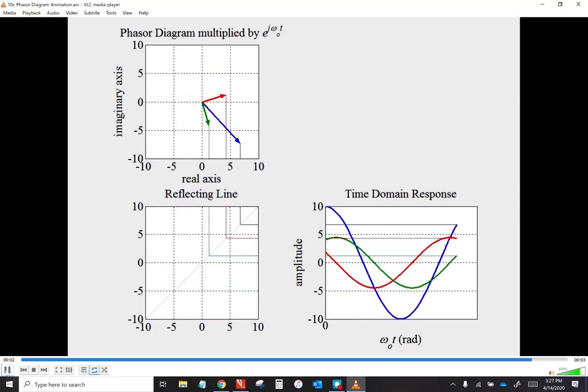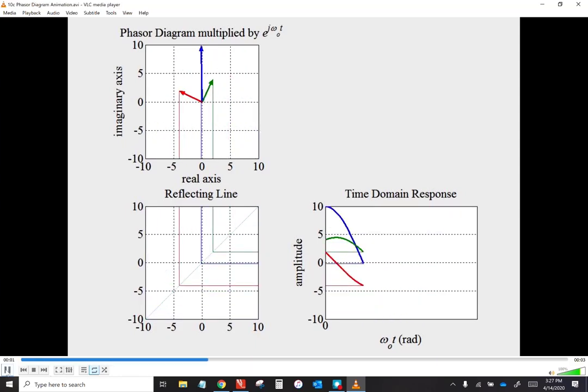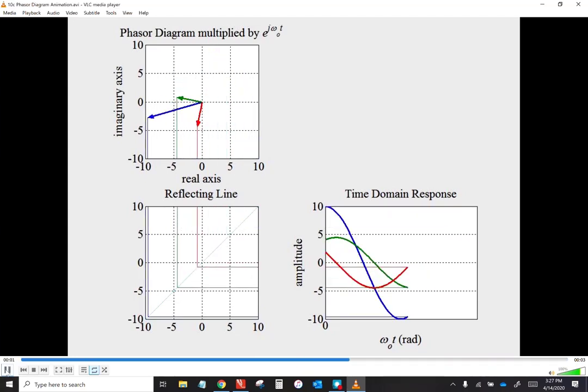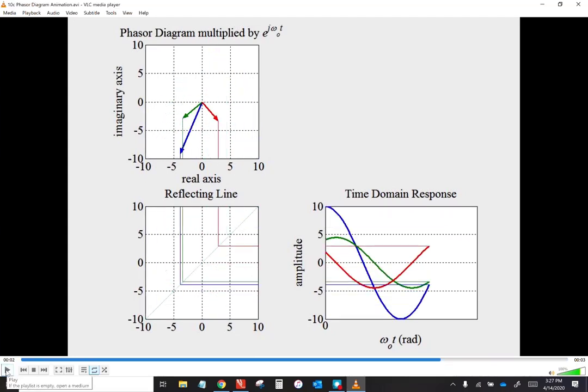So the rotating phasors in the time domain give us our sinusoids. And once again, at any instant in time, you see where the head of the vector goes to, bring it to the reflecting line and across here, and we see that's the value.